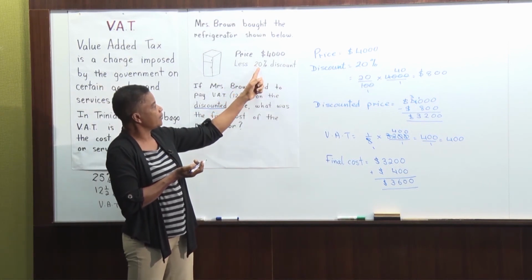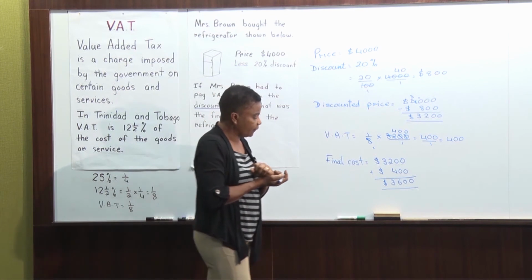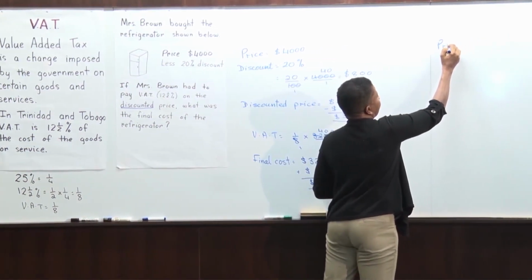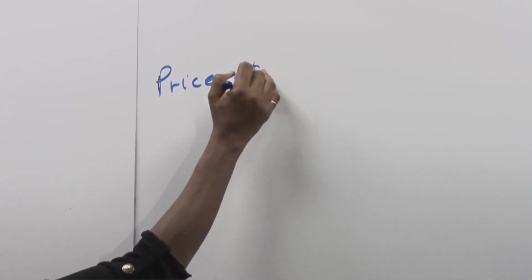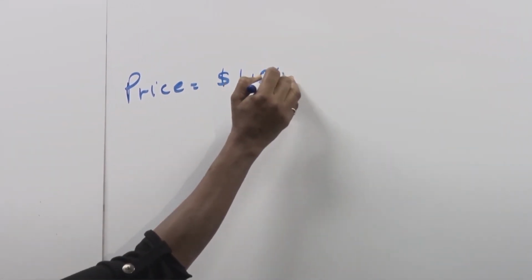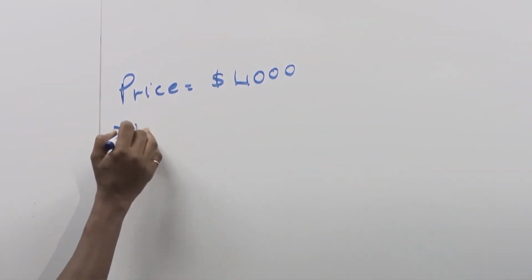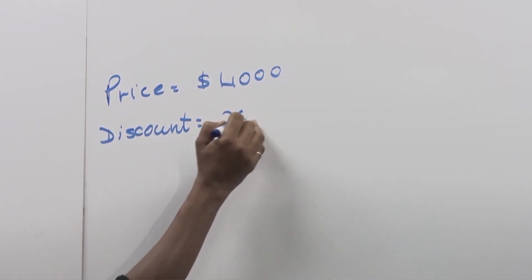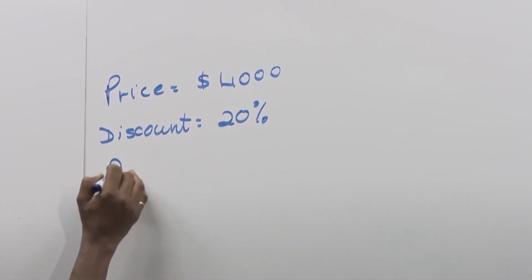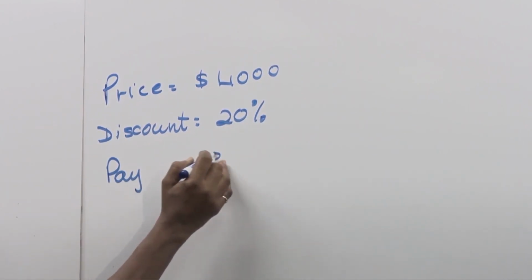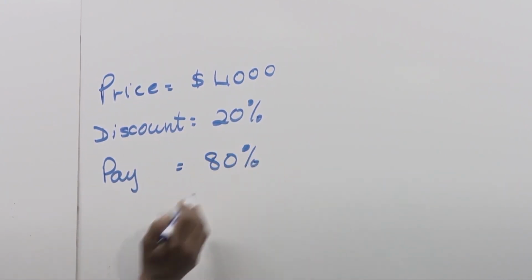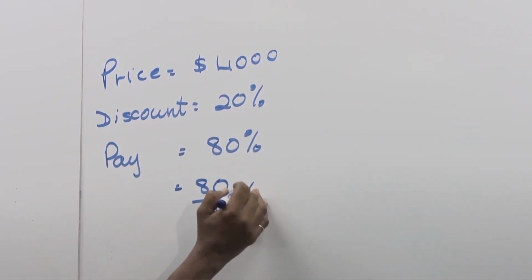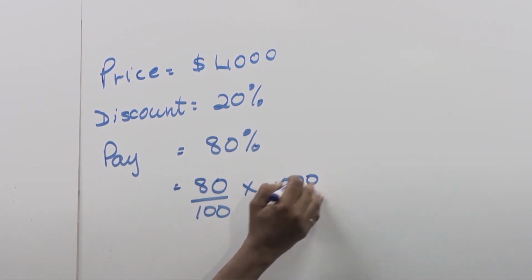If she's getting a discount of 20%, then she's only going to be paying 80%, yes. So if the price of the refrigerator is $4,000 and she's getting a discount of 20%, then she's only going to pay, that's correct, 80%. So we can find 80% of the $4,000.